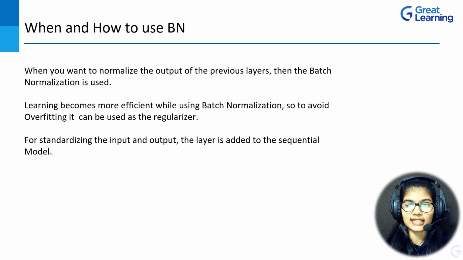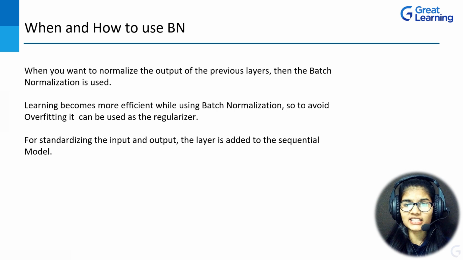Sometimes it may happen that the networks lose control over the learning process. Learning process means the testing and the training of the data. So in that case, whatever model you are training and testing tries to memorize the data points.